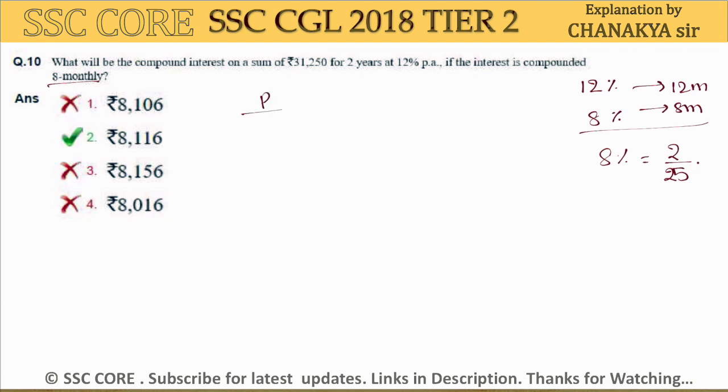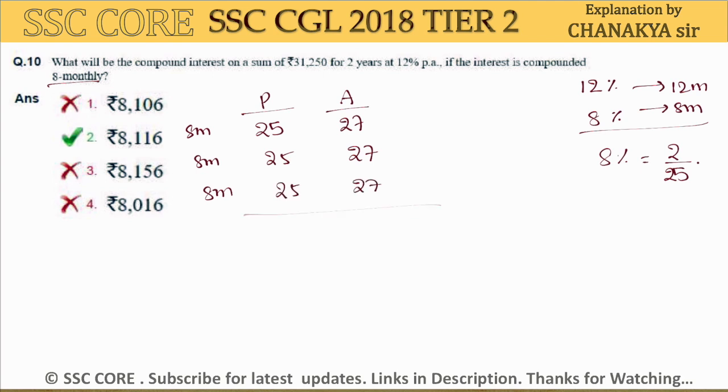If principal is 25 rupees, amount will be 27 rupees, that is for first cycle, for first 8 months. For next 8 months, again for 25 you will pay 27. For next 8 months, for 25 you will pay 27.